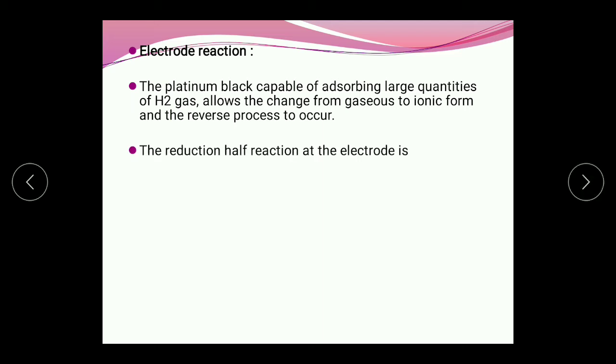The reduction half reaction that occurs at the electrode can be written like this: H plus electron gives H atom, but as it is hydrogen gas, we take 2H plus 2 electrons gives H2. As electrons are gained here, it is a reduction half reaction.